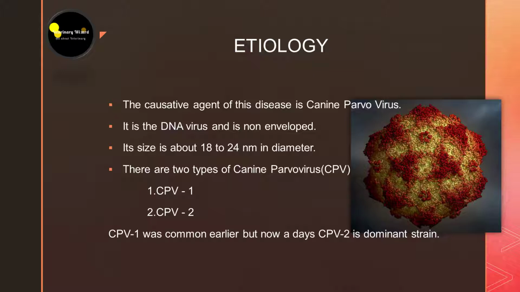It is a small DNA virus having a diameter of about 18 to 24 nanometers. Parvovirus has two types: canine parvovirus 1 and canine parvovirus 2. Canine parvovirus 1 was present in earlier times, but nowadays canine parvovirus 2 is common in canines.